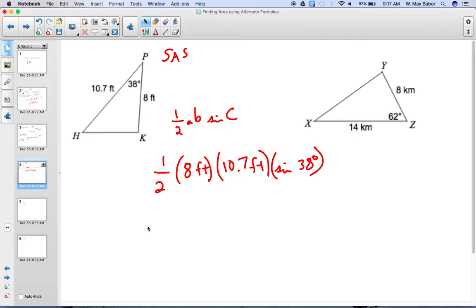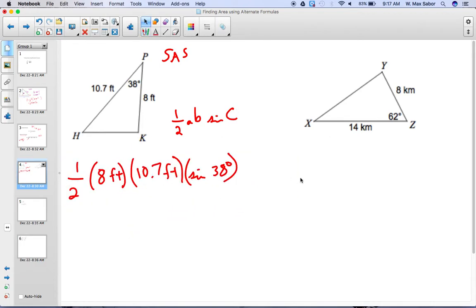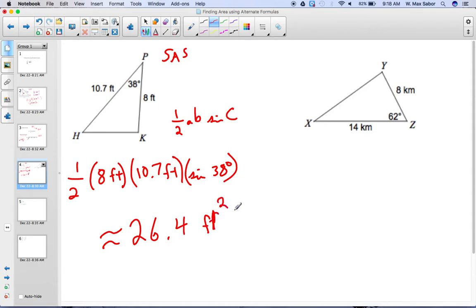This is for the triangle on the left. And I'm going to do that in my calculator. 1/2 times 8 times 10.7 times the sine of 38 degrees. And that's giving me approximately 26.4 square feet. Remember that the units, since we're talking about area, is square feet.